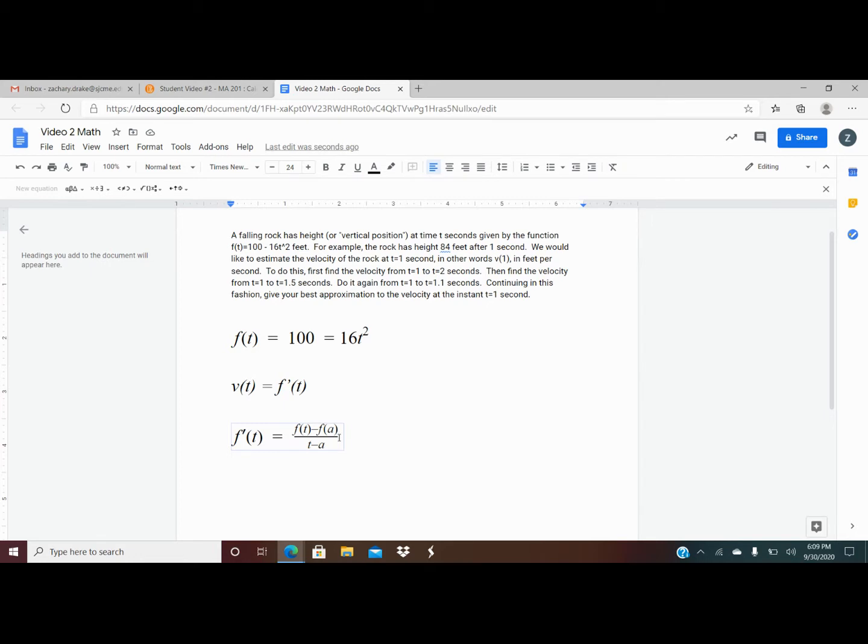We have to establish here that t cannot, I repeat, it cannot equal a, because if t equals a, the bottom of the fraction would be 0, and then the function would be undefined.